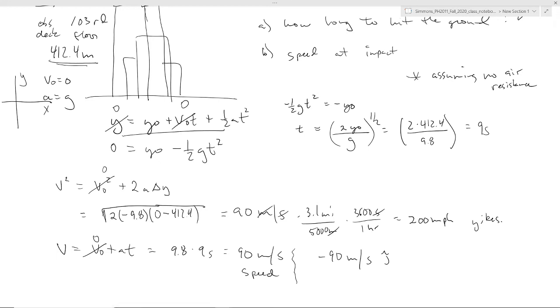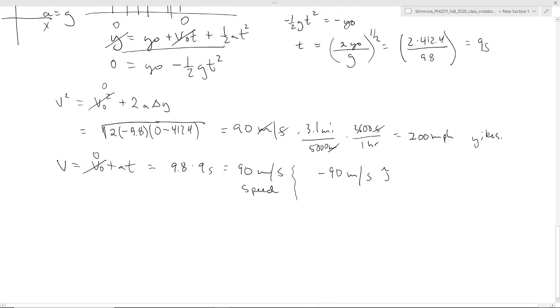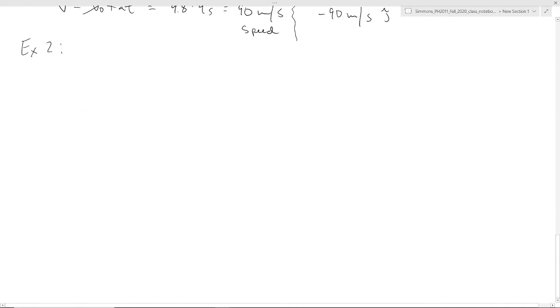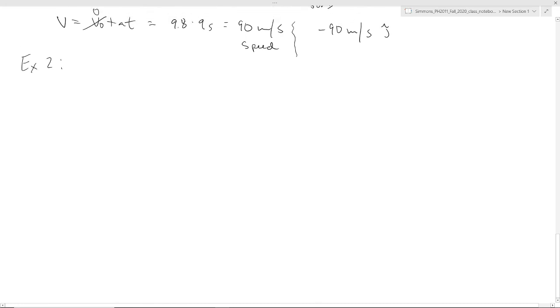And let's look at one other example. So this was pretty simple because we just dropped an object. So the other example that I want you to think about is, suppose your object does have an initial velocity. So imagine, here's the situation that I want you to consider. Juggling.